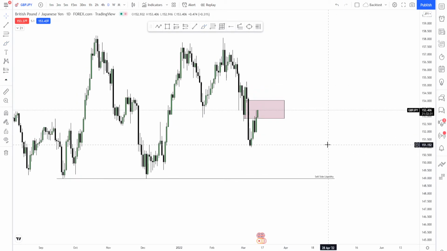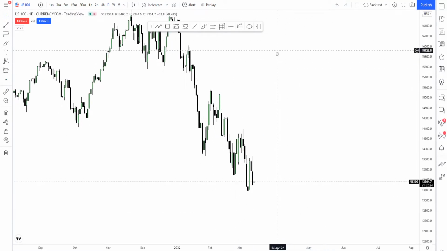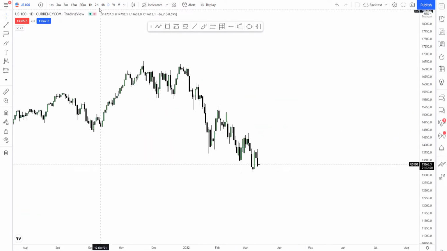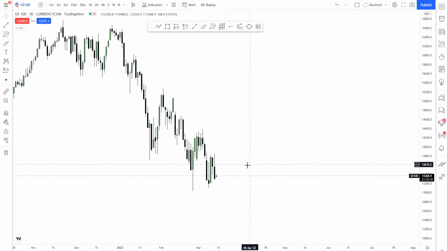Okay, and now for NAS 100 right here. On NAS 100, what do we see price has done? On the daily, we can see that price has come into this volume imbalance right here. Nobody closes above.